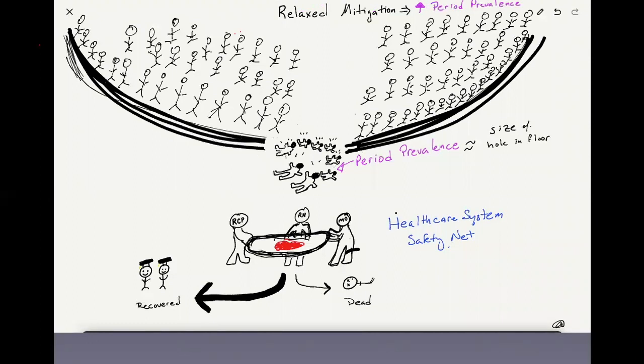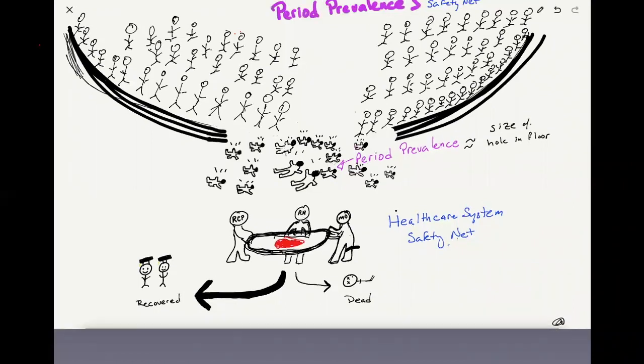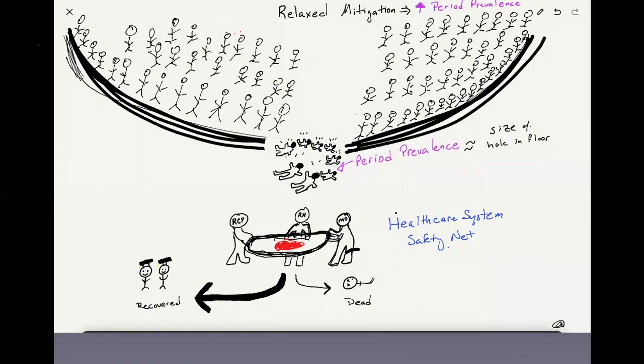So we have to have a certain degree of compliance where people are maintaining social distancing, and where there are different attitudes and behaviors that allow for this. The likelihood that we're ever going to return to as strict of a mitigation compliance ratio as we did when we started is probably very low to nil. So again, the hopes are that once we see a period prevalence that may exceed the safety net, that we can then enact additional mitigation strategies to return us to a balanced ability to meet those needs.